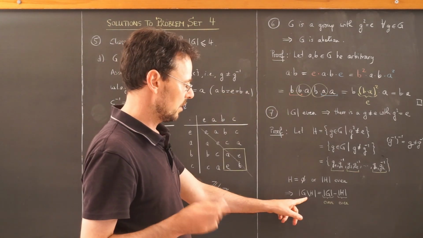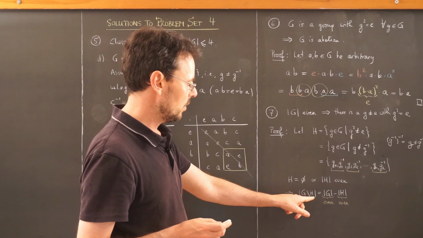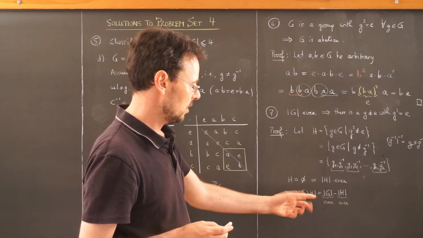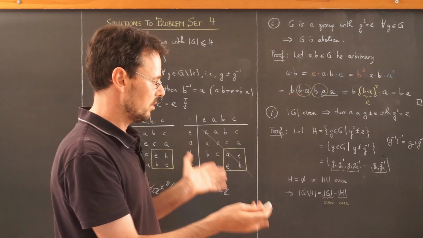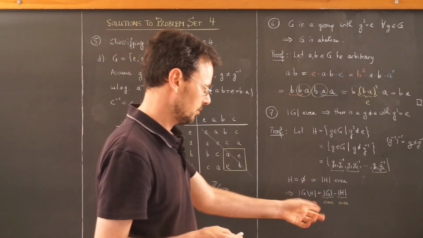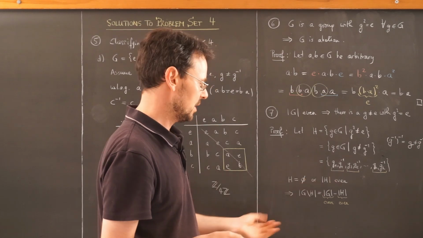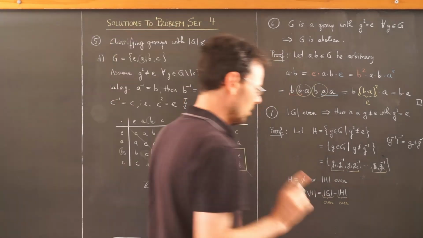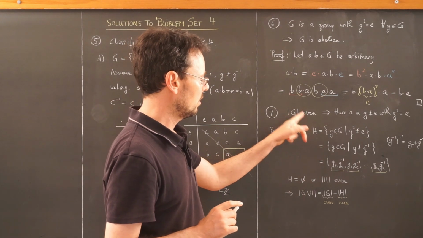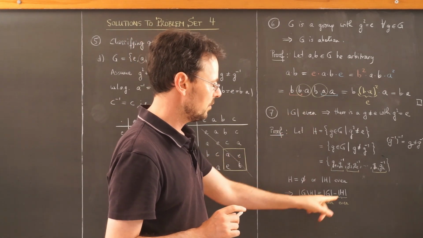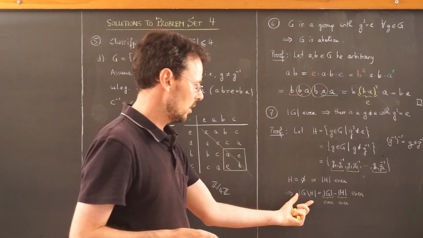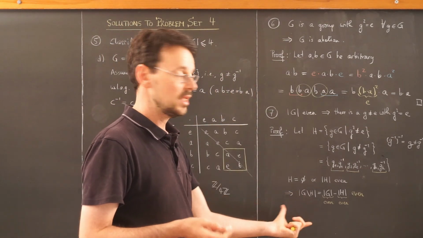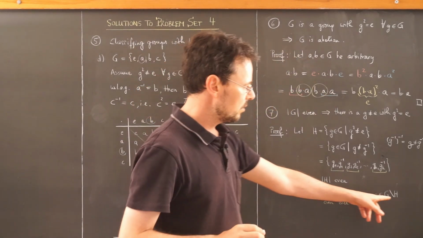So now we look at the complement G without this set H. The order of this set is simply the order of G minus the order of H. So the number of elements is what I call the order here. But now, by assumption, this here is even. We subtract an even number, so this must again be an even number. But what are those elements?